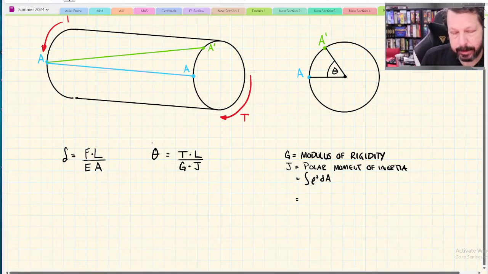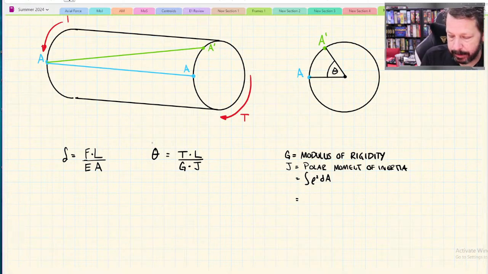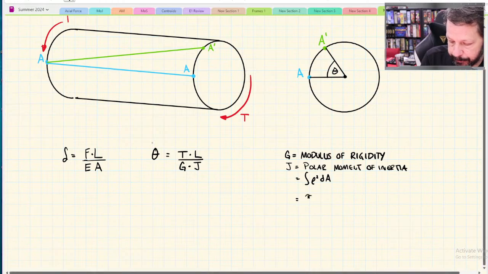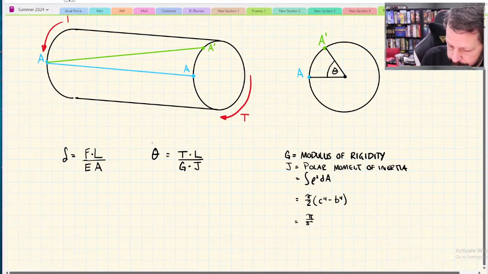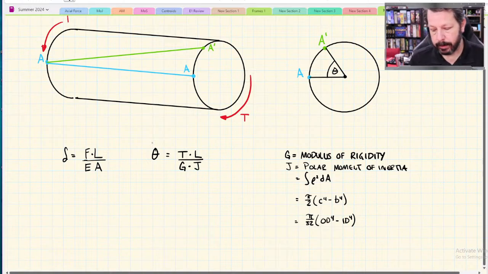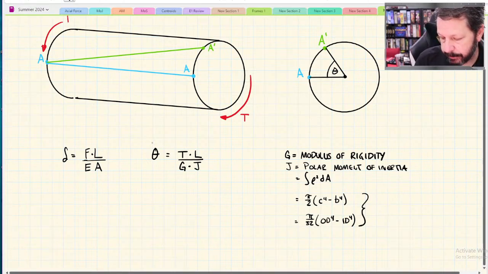But we have limited our conversations to circular shafts, and so we have the definition of pi over 2 times c to the fourth minus b to the fourth, where c is the outer radius and b is the inner radius. Or if you want to deal with diameters, pi over 32 times outer diameter to the fourth minus inner diameter to the fourth. So we are limiting ourselves to circular cross sections, circular shafts.